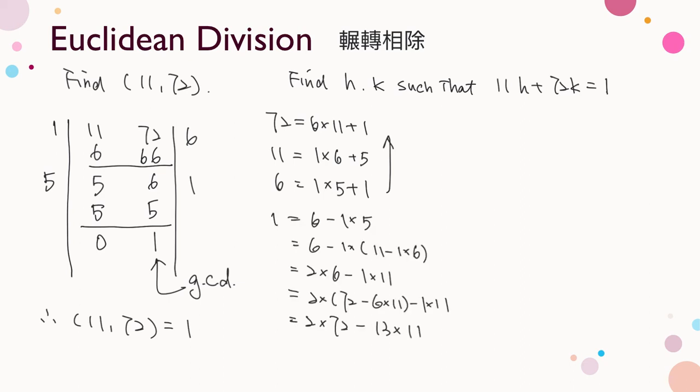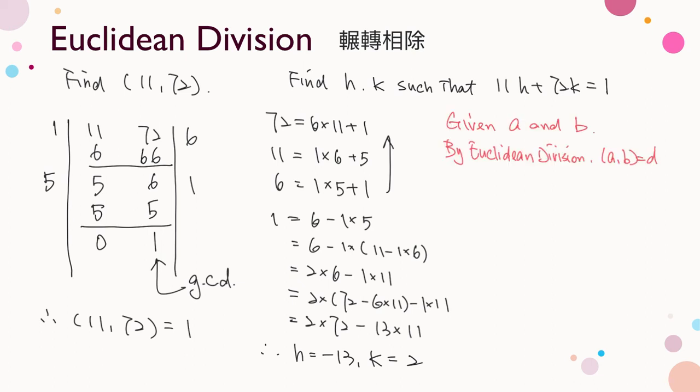That is, h equals -13 and k is 2. This result applies to the general situation. Given two positive integers a and b, by Euclidean division, we can find the GCD, say d. Using backward substitution, we can find two integers h and k such that ha plus kb equals d.